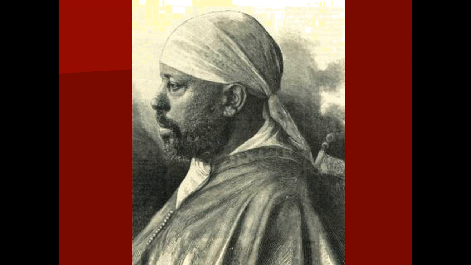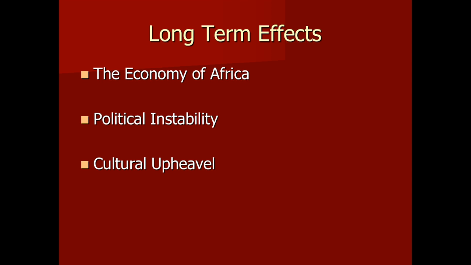However, this also leads to some pretty nasty things happening in Africa. First, let's look at the economy of Africa. The whole purpose of colonization is to ship out raw materials and open up markets, as well as a few other things that we talked about a few days ago. So if we look at the economic impacts of a nation, or in this case, a continent, having to force out its raw materials and not use those raw materials to industrialize themselves, we're basically setting this country back 160 years in terms of technology.